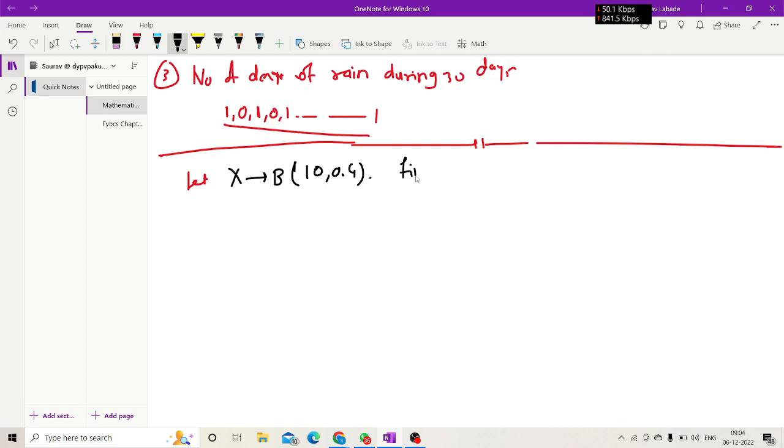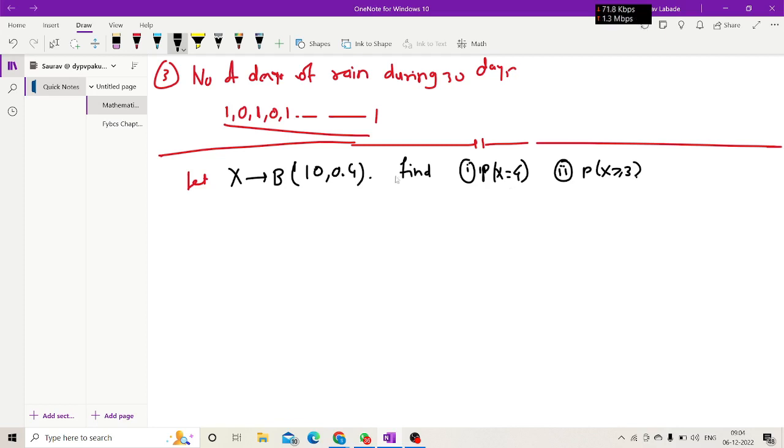We have to find, first, the probability of x equals 4. Second, the probability of x greater than or equal to 3. So this I have to find.